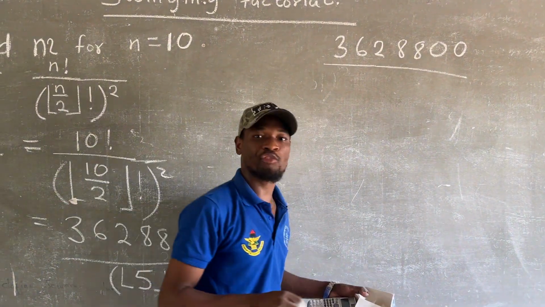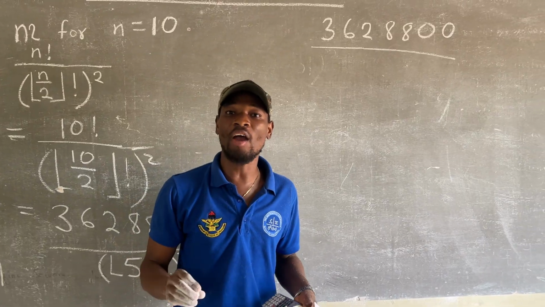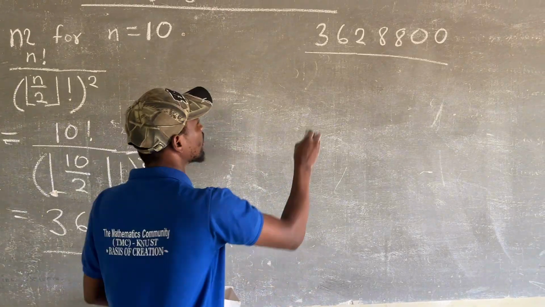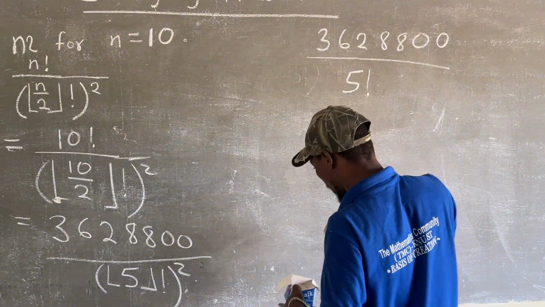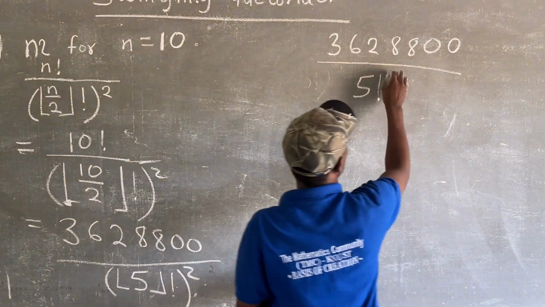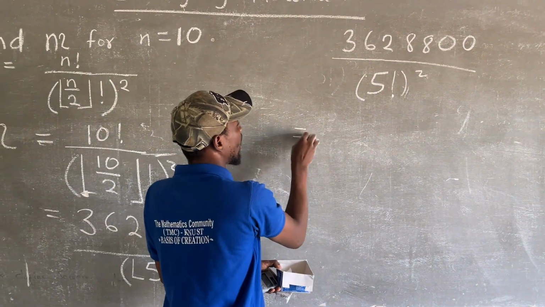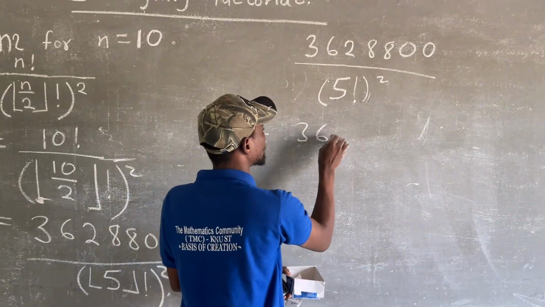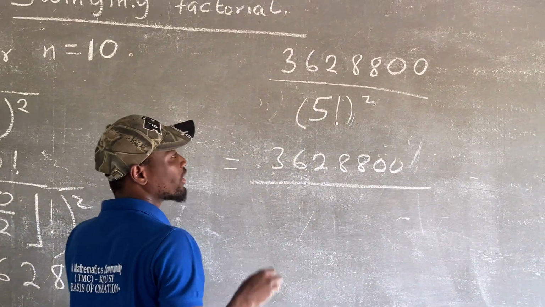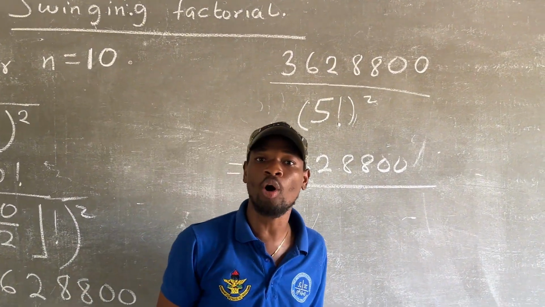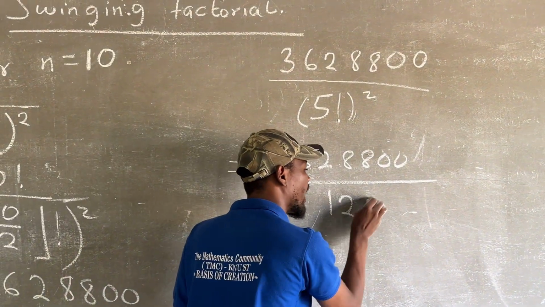the floor of 5. What is the floor of 5? The floor of 5 is simply 5. So I have 5 factorial, all squared. So all squared, and our final answer: we have 3628800 over 5 factorial, which is equal to 120.